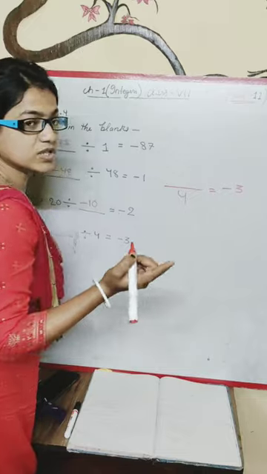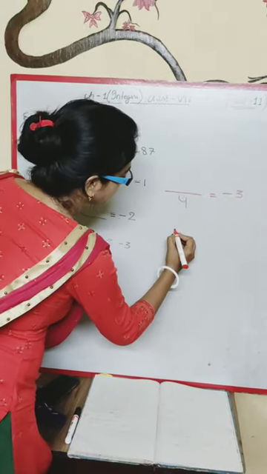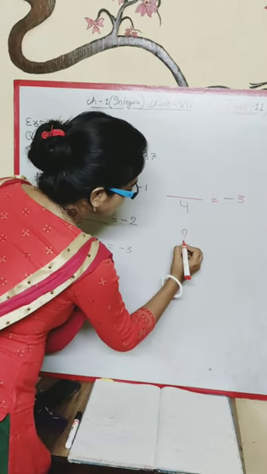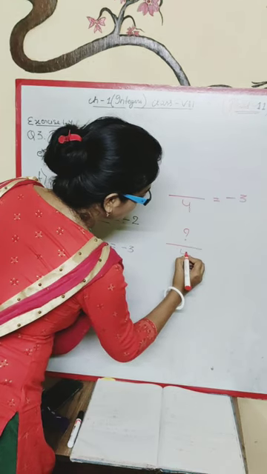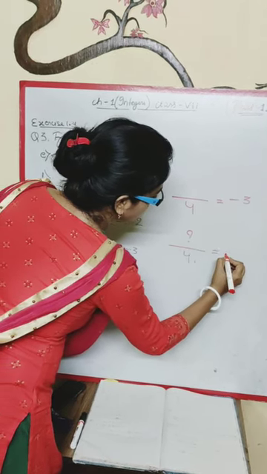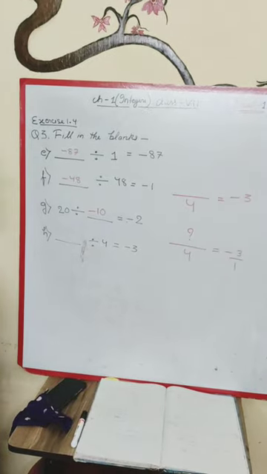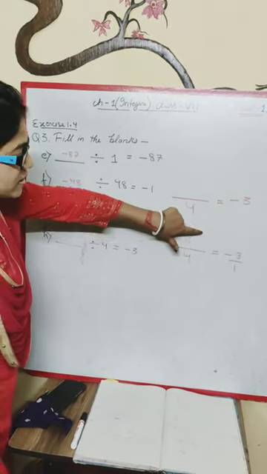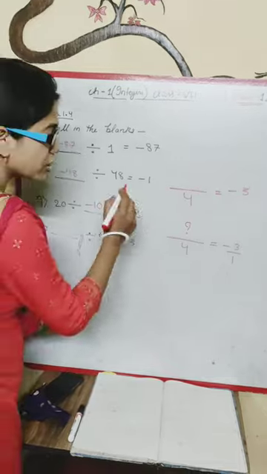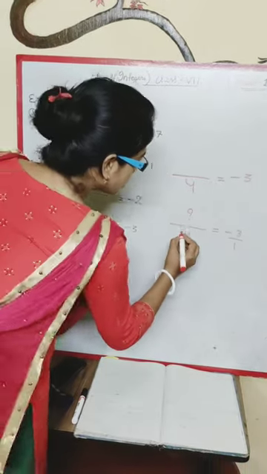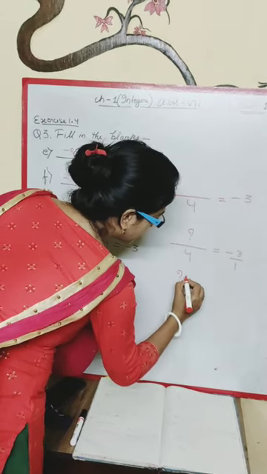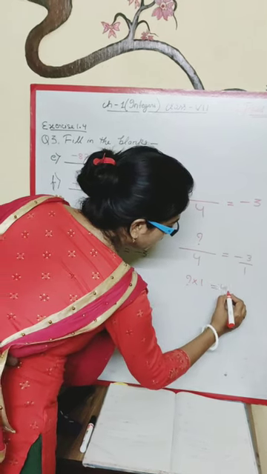You just see again, you just see the cross one. This should be question mark upon 4 is equal to minus 3. So what I have told? I have told to solve or to find out this question mark, we should follow the cross multiplication. So this question mark multiplied with 1 is equal to 4 into 3.